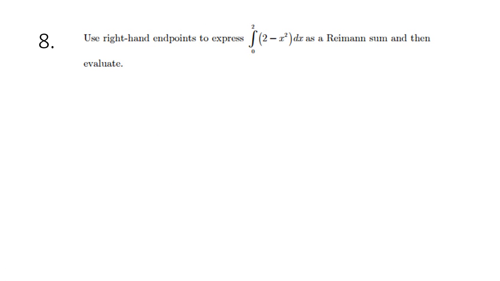Alright. I know we haven't really talked about right-hand endpoints, but I figured you can handle this question. First of all, if I plug in 0 to here, that means my first coordinate would be 0, 2, because that's my answer to this, just using this equation right here. 0, 2 on a graph would be right here.